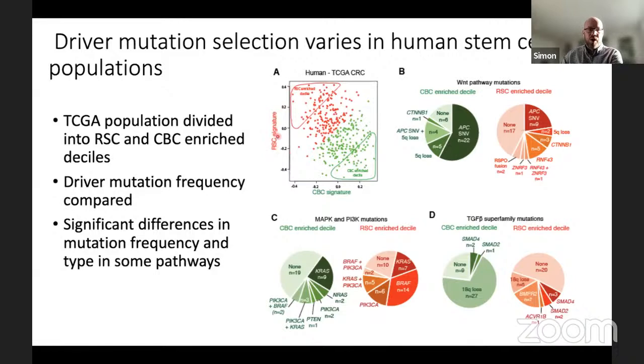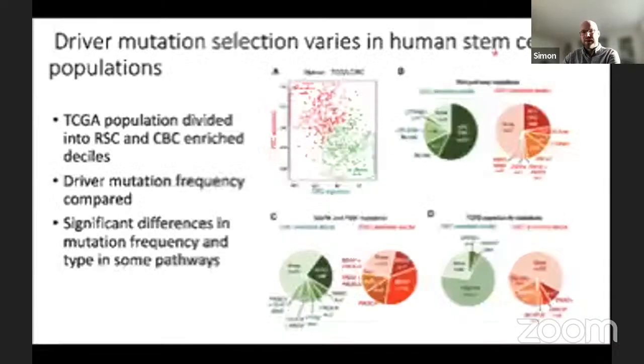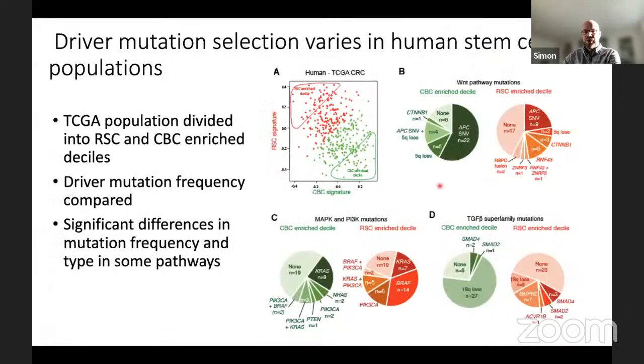So here we have on the y-axis a population enriched for regenerative stem cells, and on the x-axis a population enriched for crypt-based columnar stem cells in green. And we lined the entire TCGA along this axis and then took the decile that was most enriched for our two populations of interest. So we took our decile enriched for regenerative stem cells and our decile of tumors enriched for crypt-based columnar stem cells, and then cross-compared the mutations that were present within those enriched deciles.